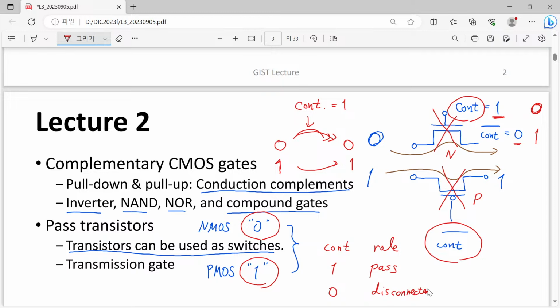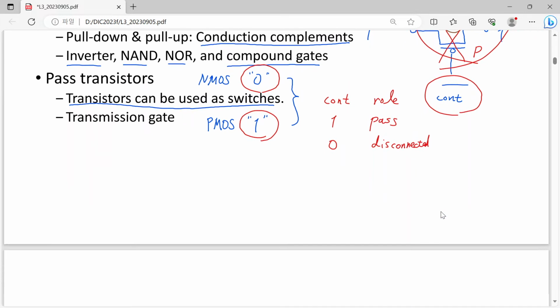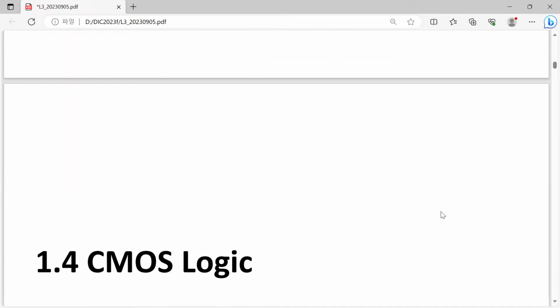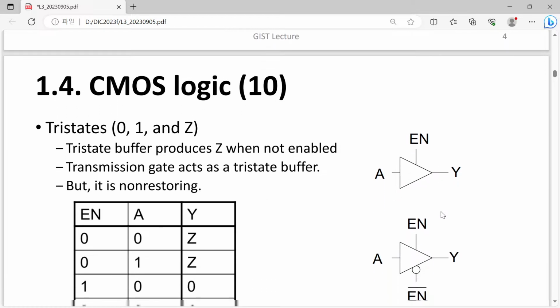That is the simple circuit shown here. So now let's start today's lecture.